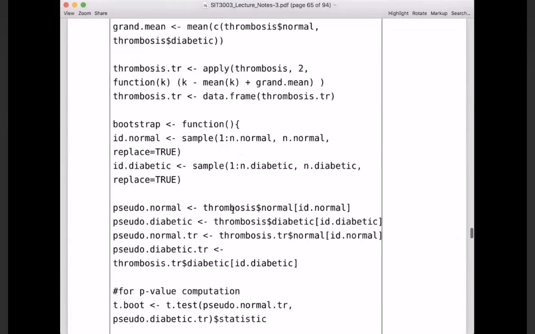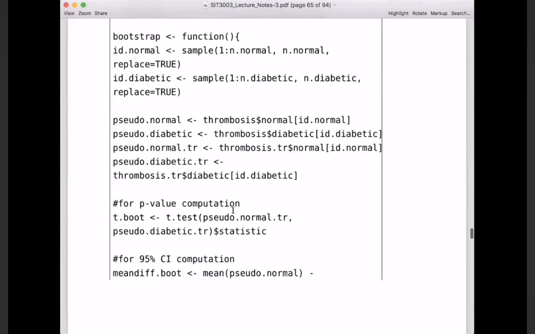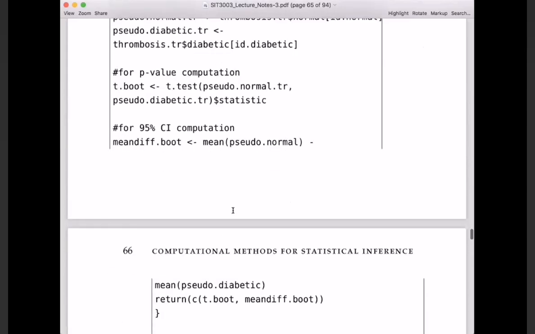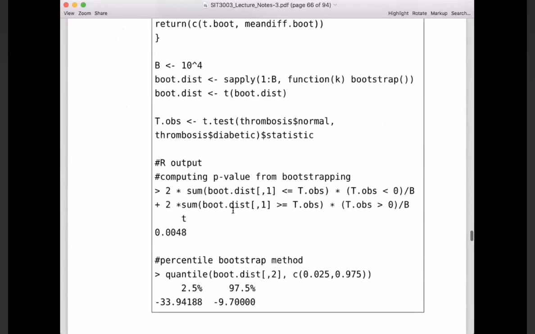So the evidence is very strong. Regardless of whether you use the t-test, even though the normality assumptions are not fulfilled, the result is not that different from the more exact bootstrapping method. It's very nice that the bootstrapping result supports the t-test result.